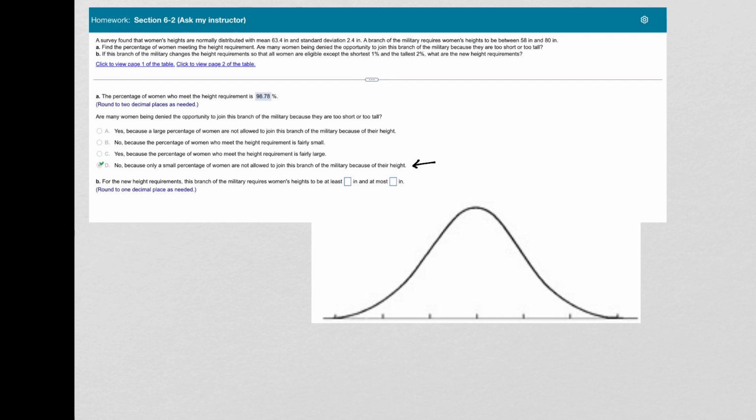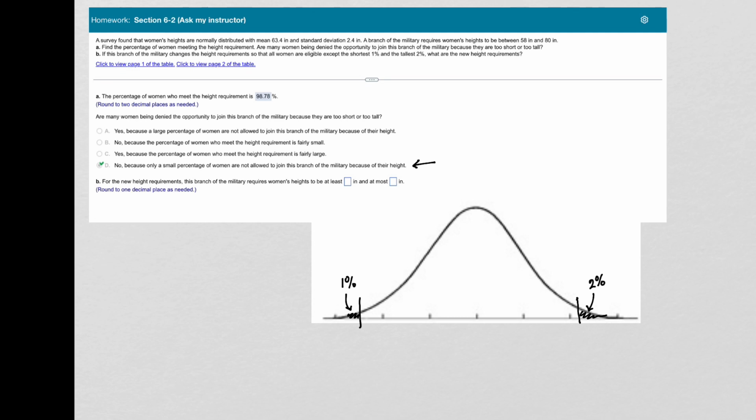Since they said we want to accept everyone but the shortest 1%, we're going to cut off the bottom 1% and then the top 2%. I'm going to say that's roughly there. And I'm not terribly worried if I guessed that cutoff accurately. So I just want to get an idea that there's about 1% there, about 2% here.